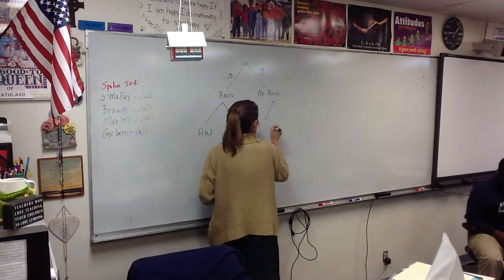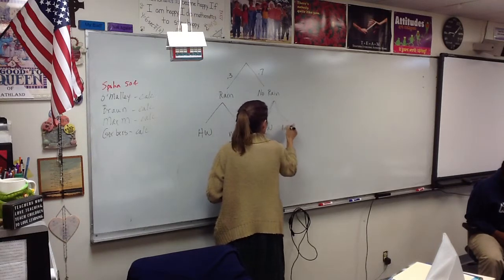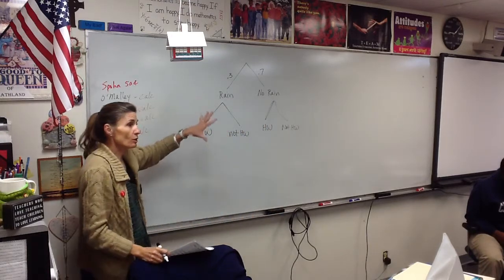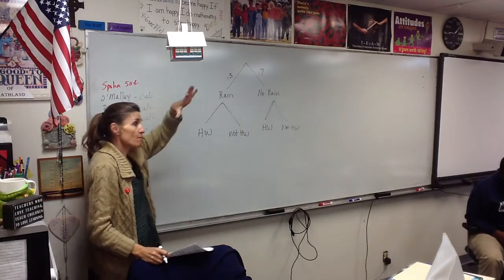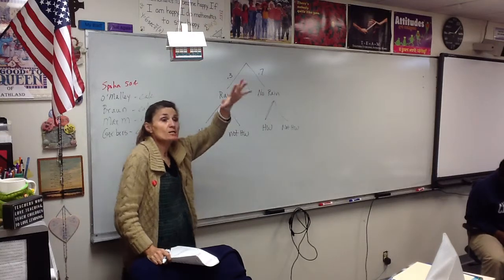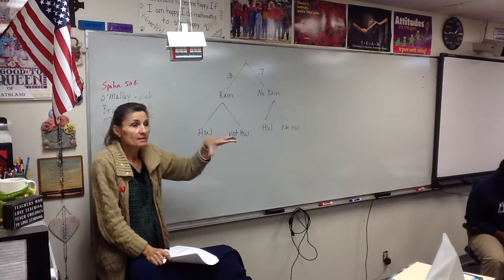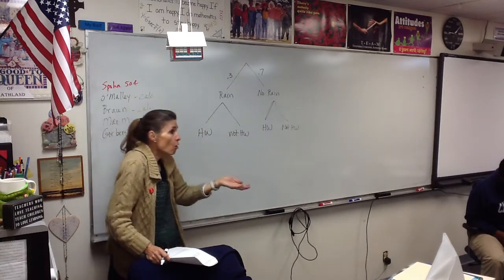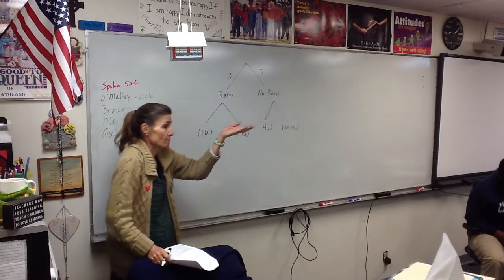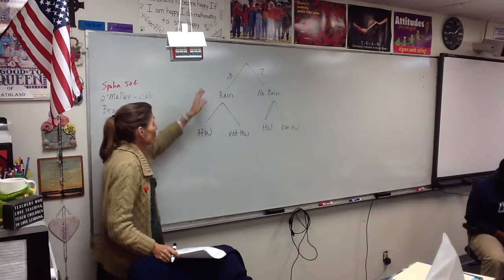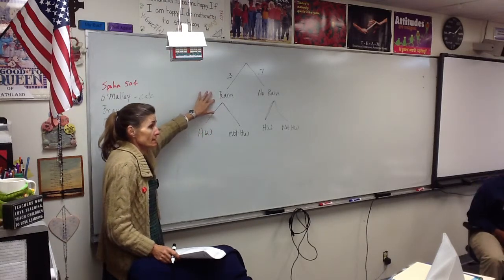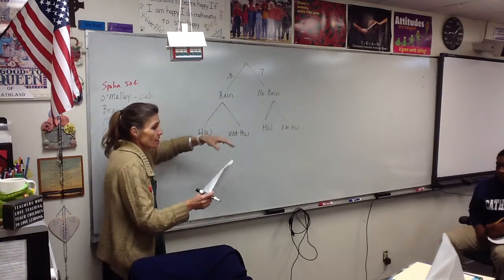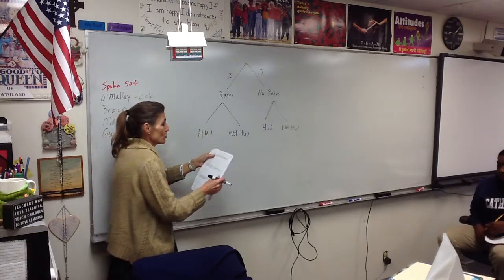Either way, he's either going to do it or he's not going to do it. So I'm building what's called a tree diagram. And the first level of the tree is the weather. The second level of the tree is the homework, because the homework depends on the weather. Now, if it rains, be careful, you gotta read carefully. If it rains, what is the probability of Joe doing his homework?